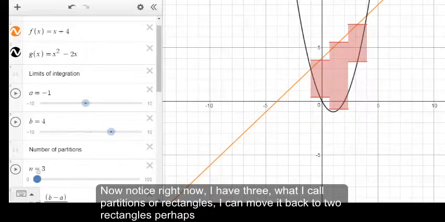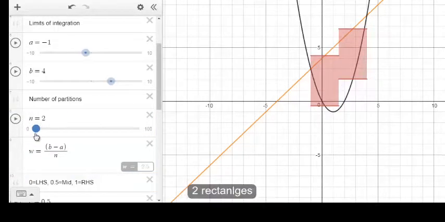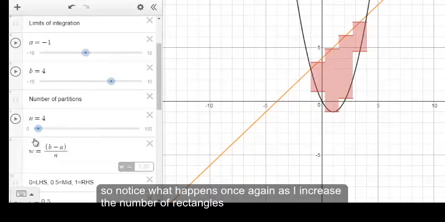I can move it back to 2 perhaps. 2 rectangles. 1, no rectangles. So notice what happens once again.